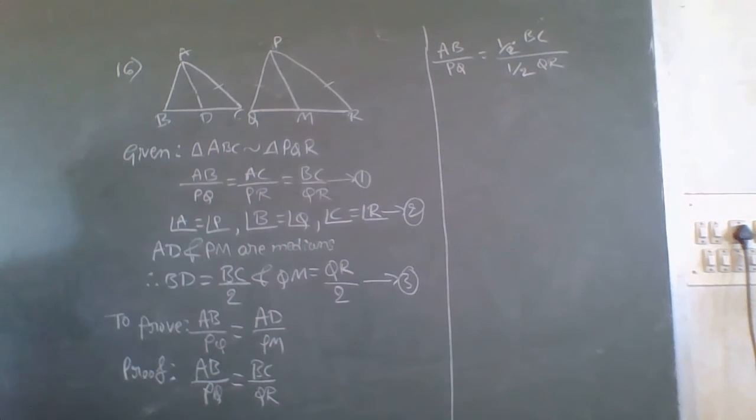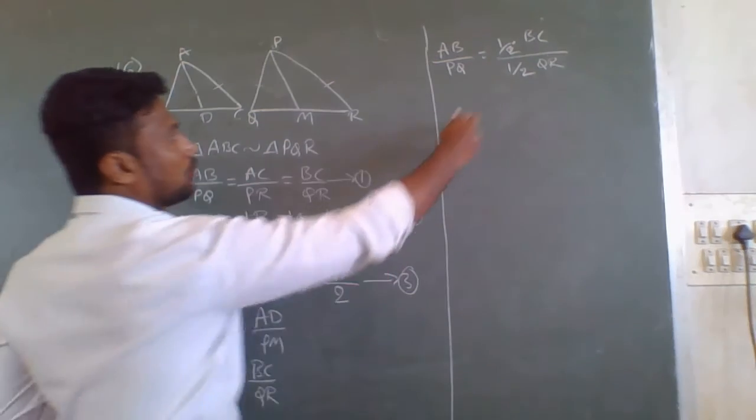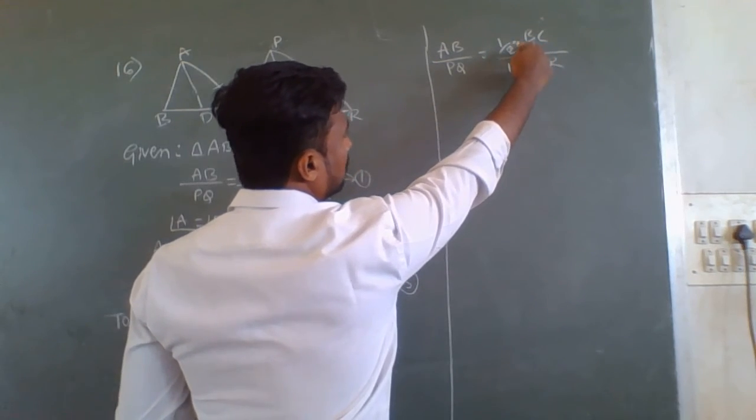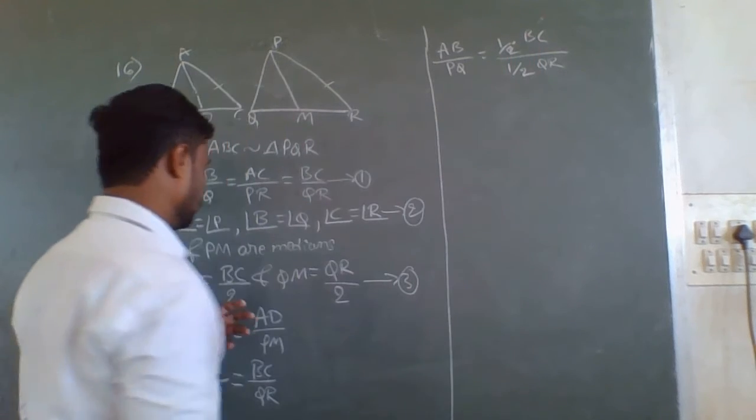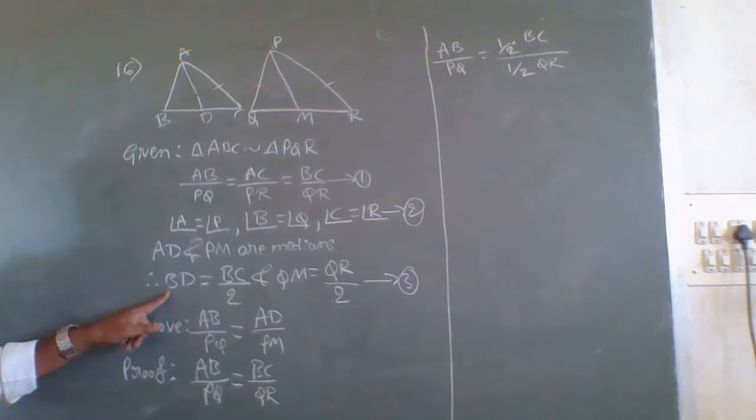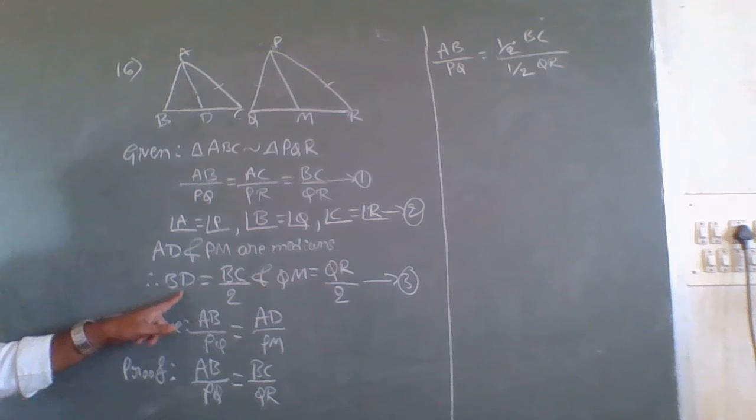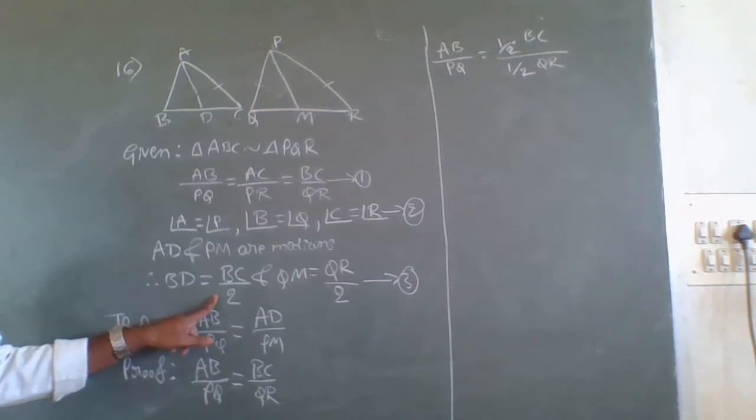Now we know that 1 by 2 into BC means BC by 2, and BC by 2 is BD. BD is equal to BC by 2.